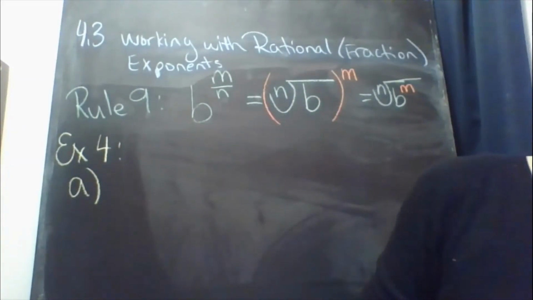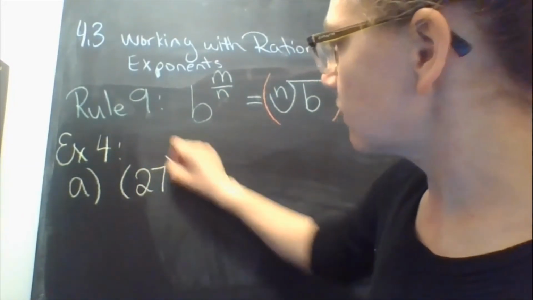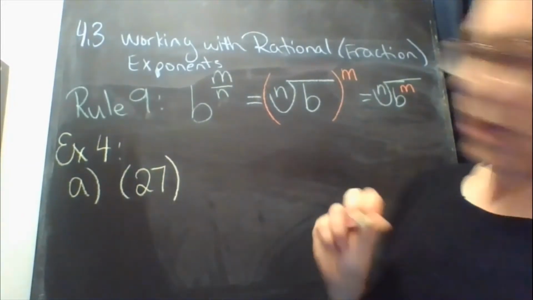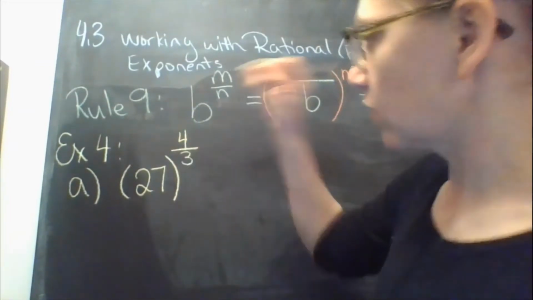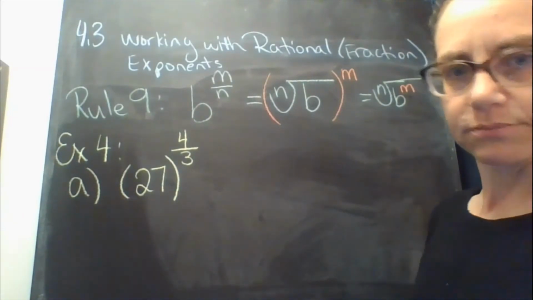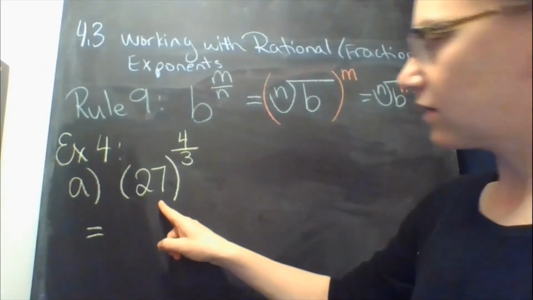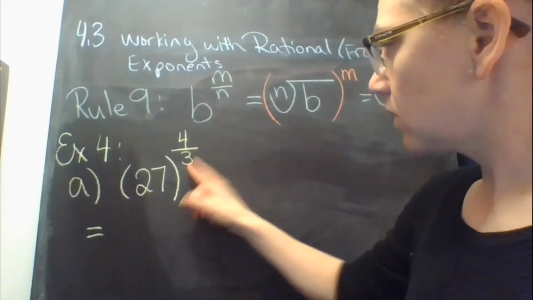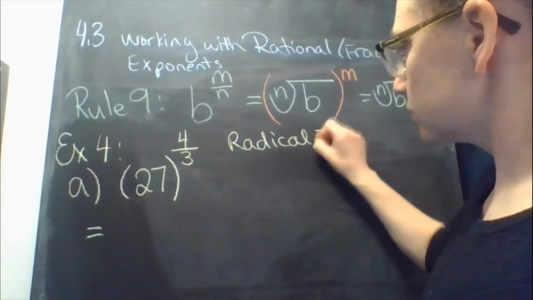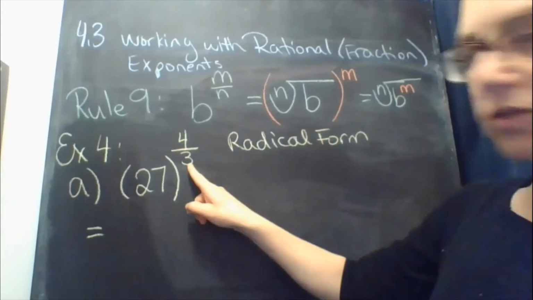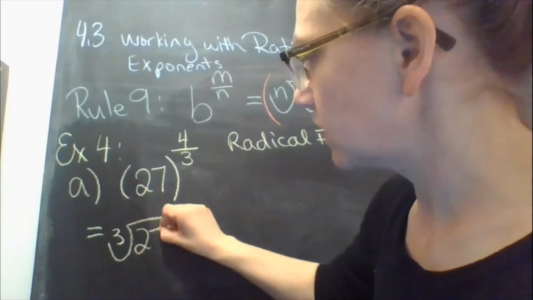Let's do 27 to the exponent, well, I know it's got a third root, so let's give it a 4 up top. Sure, why not? So when I write this out in radical form, I have to take that 3 and put it in my root of 27.